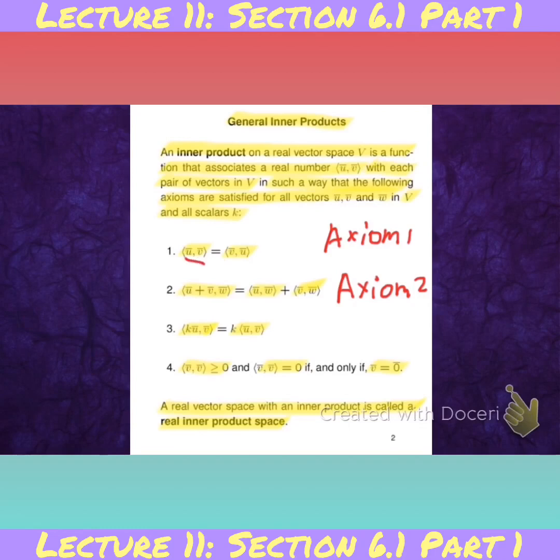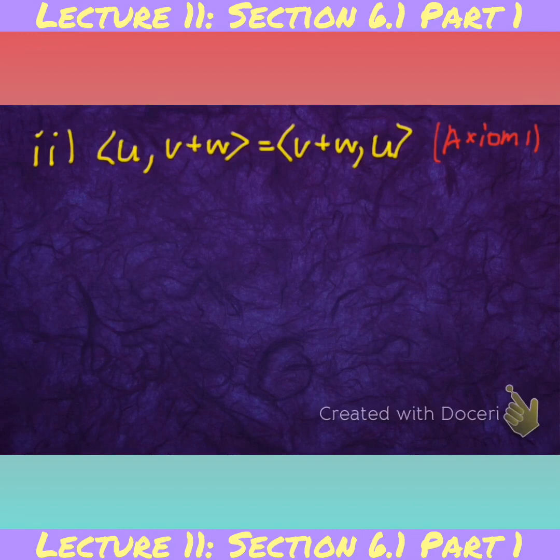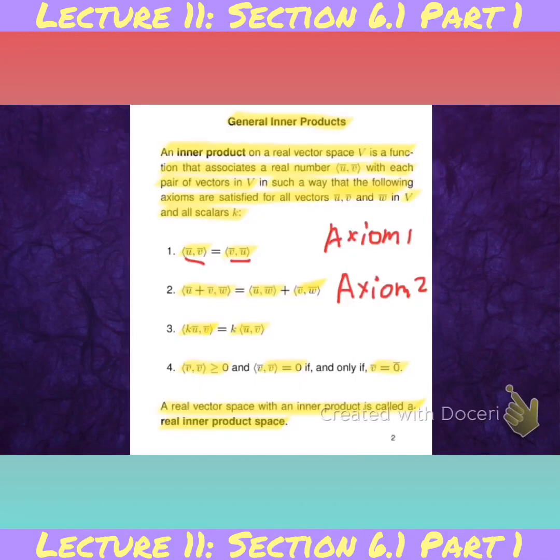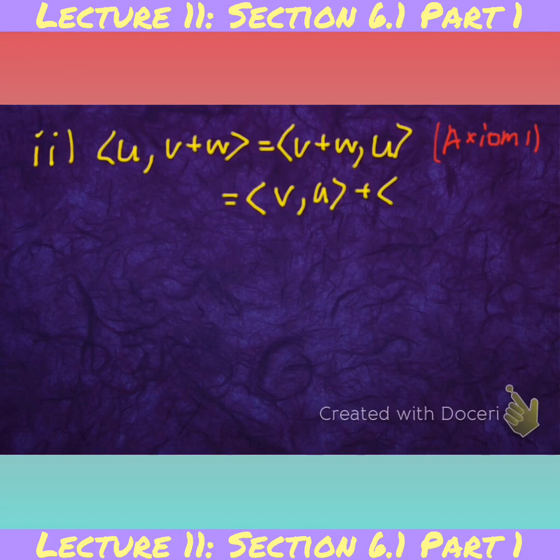So uv is the same as vu. Okay, and therefore again this just distributes according to the way that the sum distributes, and again that comes from axiom 2, the fact that the sum distributes in that way.